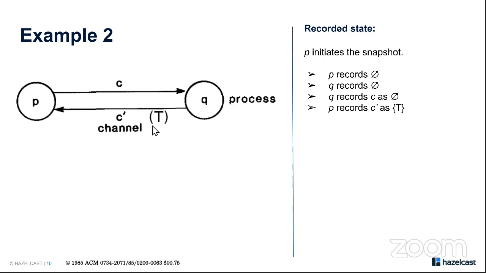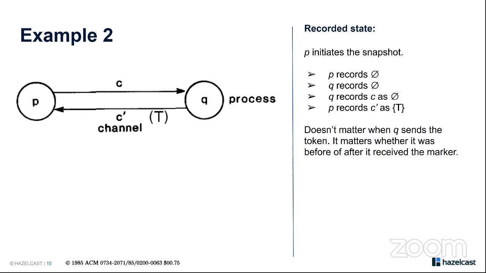If I may rephrase that, the important property is that the markers actually flow alongside the same connections as the messages, and they can't overtake. Yes, yes. There are different types of messages sent along the channels. They are intertwined with the messages, but the order has to be preserved. And it's important to note that it doesn't matter when the process Q sent out the token.